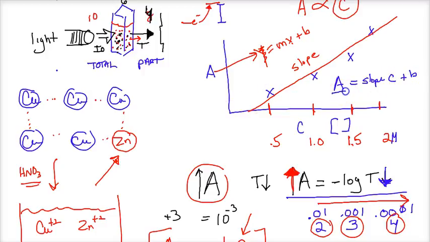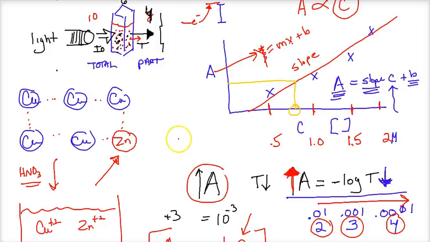The computer's going to give you the slope and the y-intercept, and you're going to solve for your x. The computer is going to read where on this line you have a concentration. So if you measure an absorbance, let's say right here, it's going to read the concentration right here.